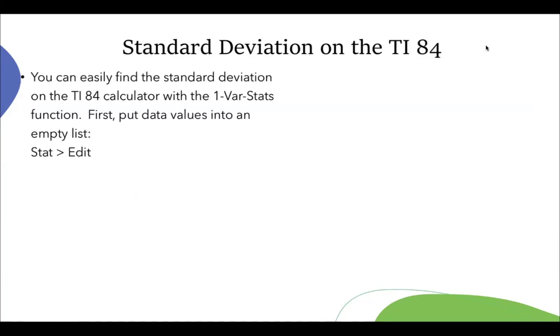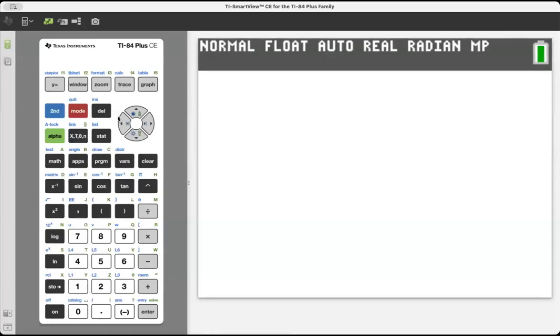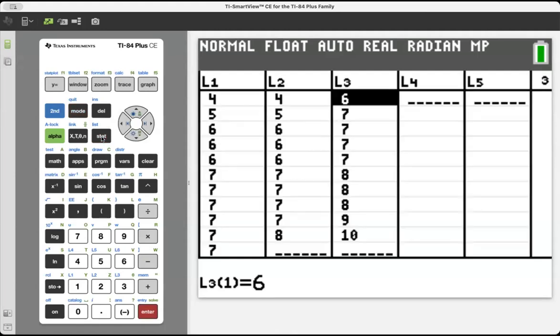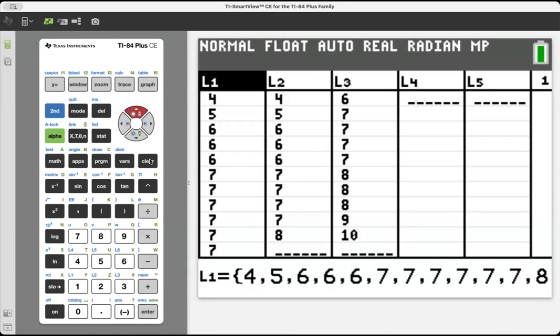I'm going to show you how to do this on the TI-84 now. So we're going to put numbers into our calculator. Let's put this set of blood pressures in that we were talking about before. So we're going to press Stat, Edit. Okay, I'm done with L1, L2, L3. I'm done with those examples, so I'm going to clear out those numbers now.